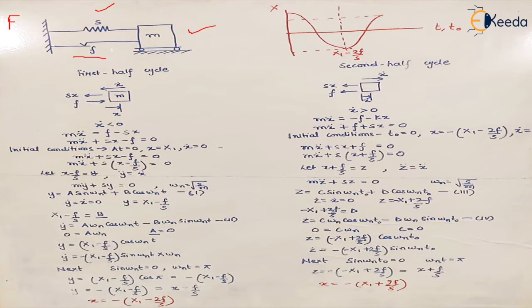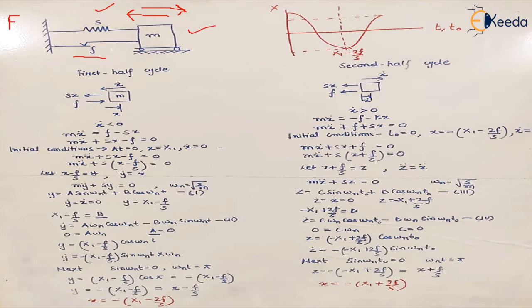So what exactly is happening with this mass or body? It has to and fro motion. We'll take up the cycle of to and fro motion in two parts. Firstly, we'll assume that the mass is moving in the left direction, and in the second half of the cycle we'll assume that the mass is going in the other direction.